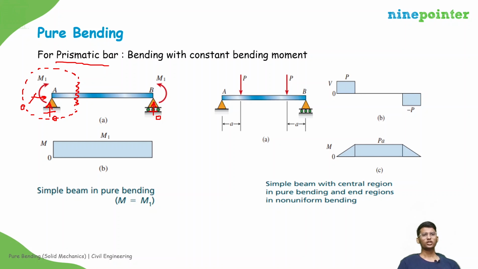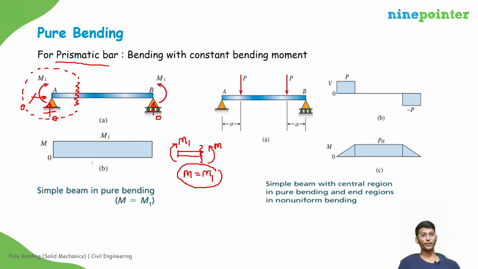Then, from the sign conventions, for a positive cross-section, the positive bending moment at the section will be anti-clockwise, M. So here it is M1. From equilibrium, we get M is equal to M1, right? So at every cross-section on the entire length, the value of bending moment is constant. That value is given by M1.